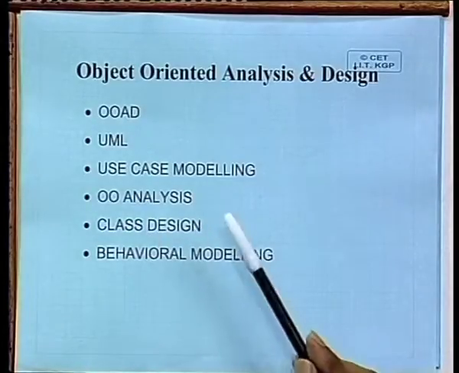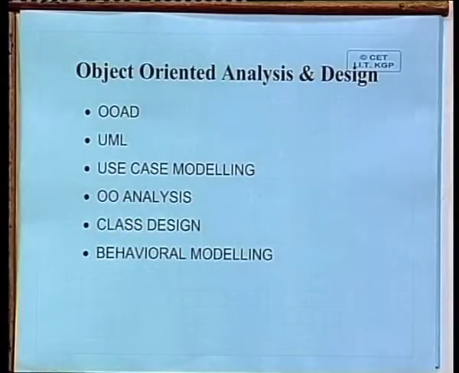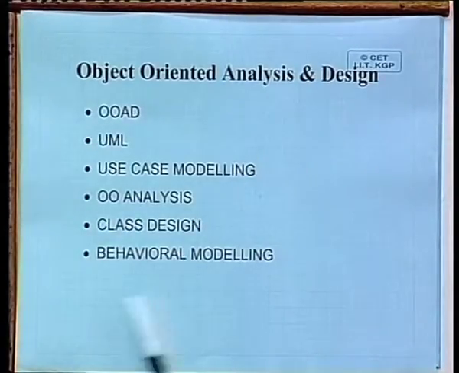Then we cover certain other things about the object oriented analysis, how exactly from the use case you go ahead with the analysis part, how you basically design the class, the attributes of the class and the operations that are associated with a class. Then the class design, right.